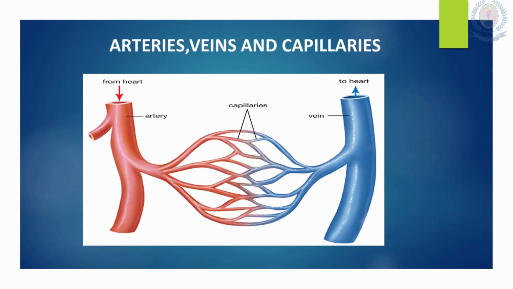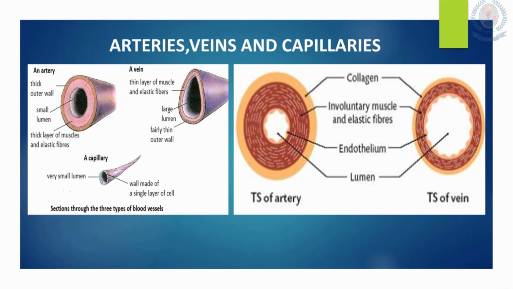And then veins. The veins are blood vessels that bring blood back to the heart and drain blood from organs and limbs. Here you can see the sections through the three types of blood vessels in the first picture: artery, vein and capillary.